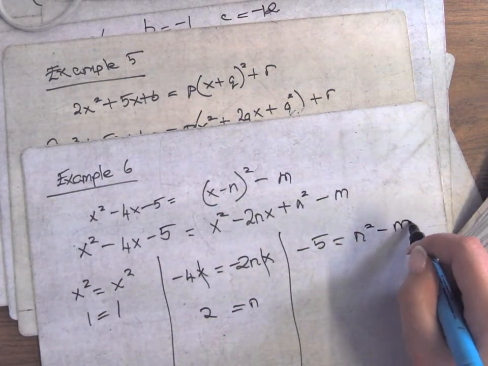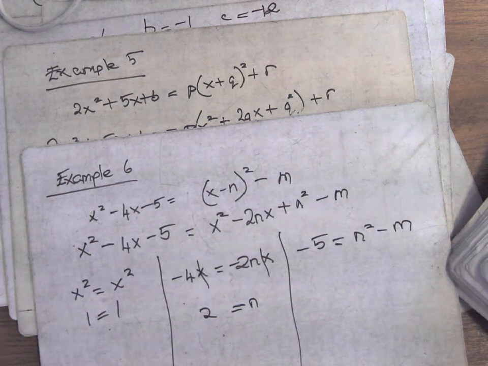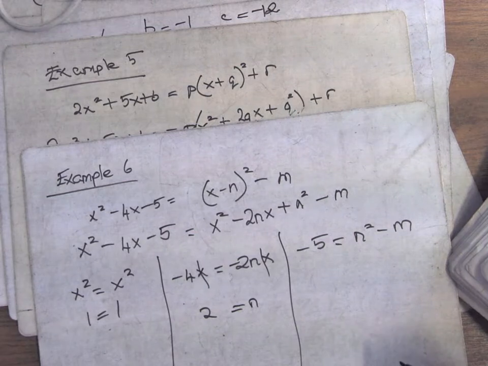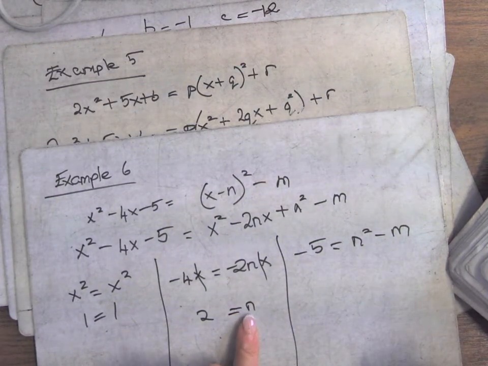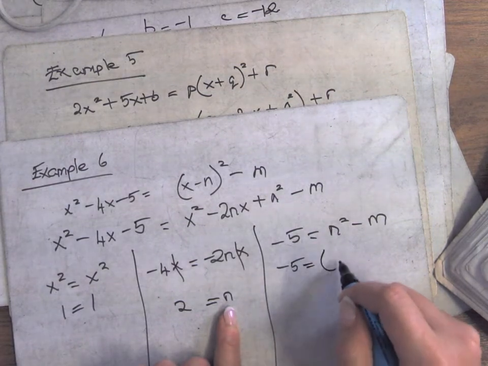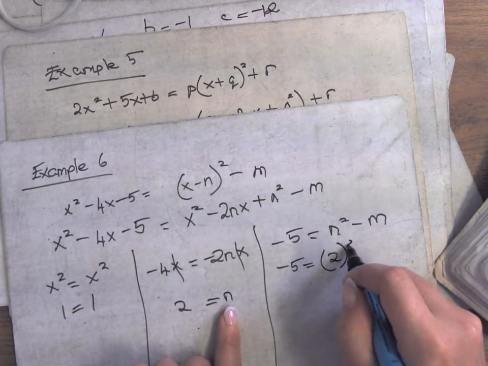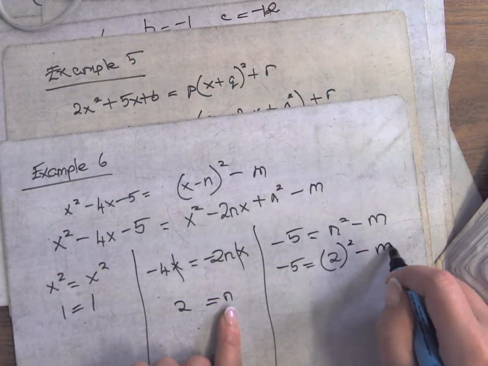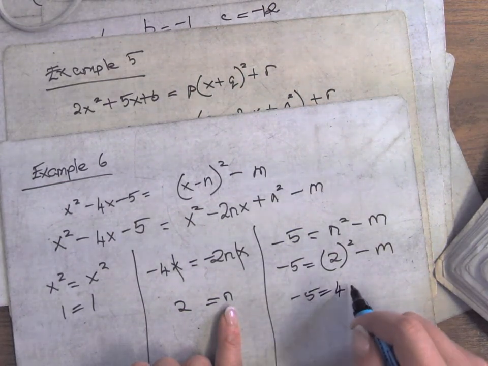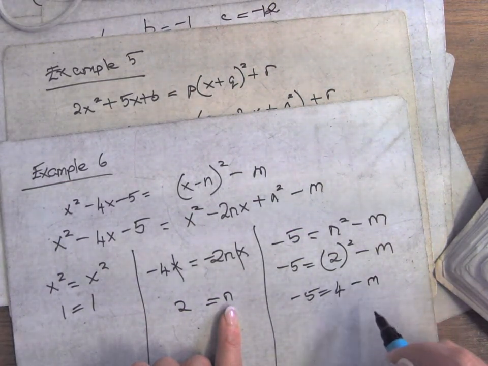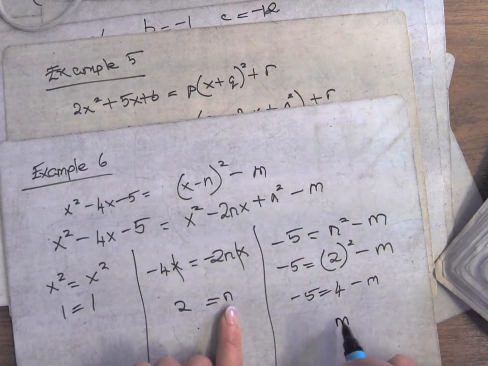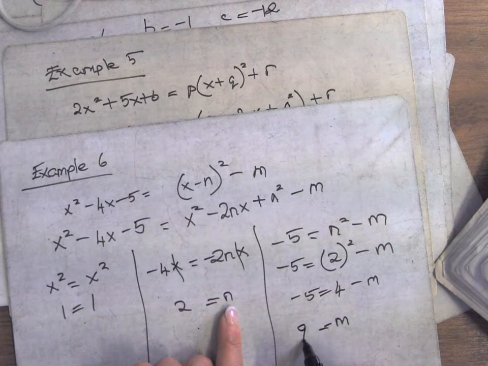It's the independent term, as in the term that has no x in it. So it just happens to be in 2 bits on the right hand side. But I've just figured out what n is. So that means minus 5 equals 2 squared minus m. Right, that's minus 5 equals 4 minus m. So that means minus m equals minus 5 minus 4. So that means m is equal to 9. Is that okay?